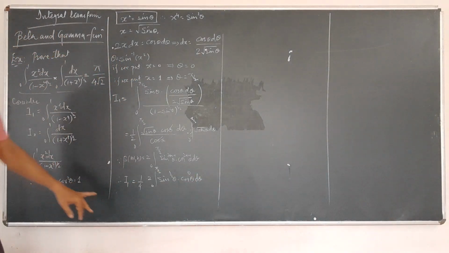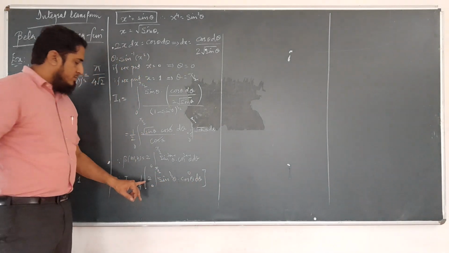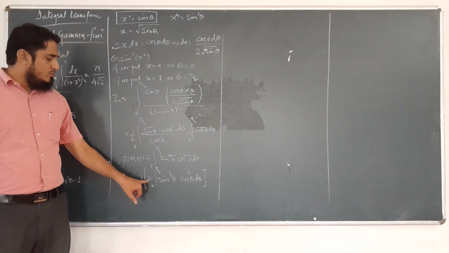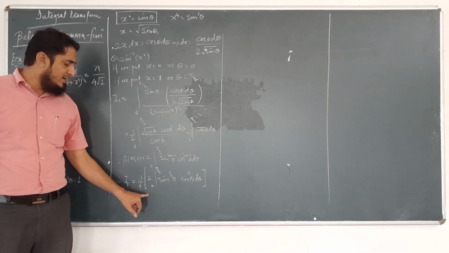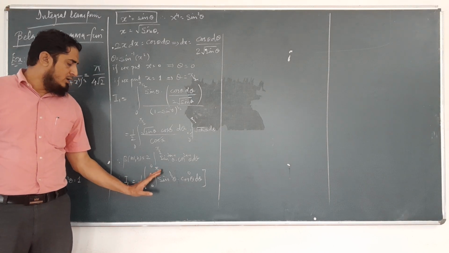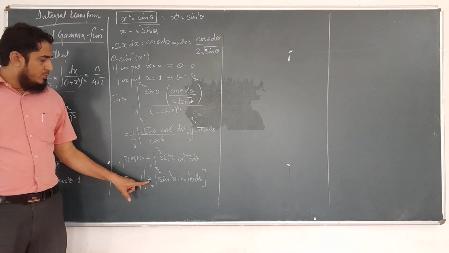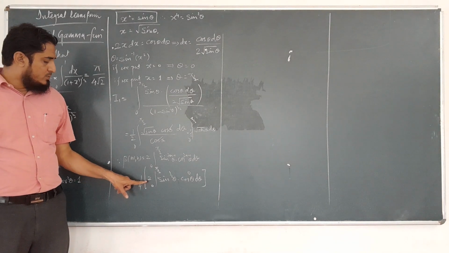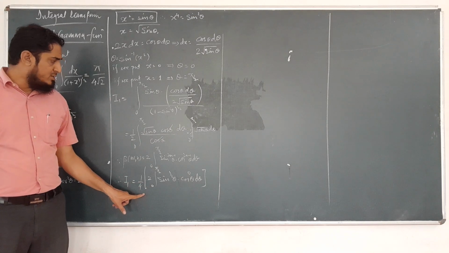Now we want 2 in the numerator, so we multiply and divide by 2. So here we have 2 together with the integration, and to equalize this equation we have 2 in the denominator also.